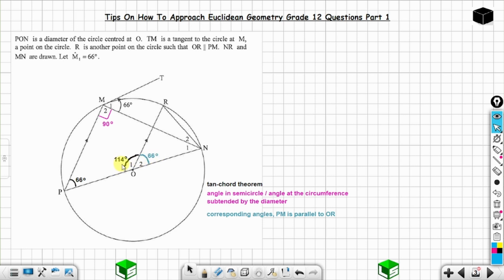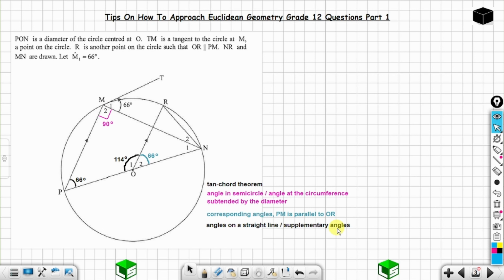This is equal to 114 degrees. You can see 114 plus 66, you're going to have 180 because of straight line. The reason is angles on a straight line, or you can say supplementary angles. This is a straight line, so angles on a straight line, they supplement. So you can give this reason or this reason.